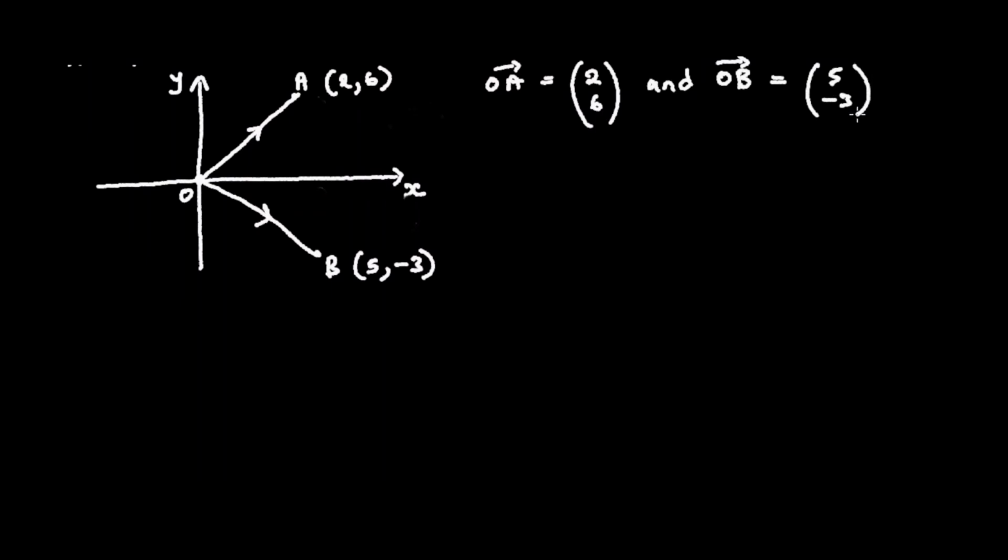So, let us work on this. Here, we already know that OA is equal to X, Y, but in column form, so 2, 6. And we also know that OB is equal to 5, minus 3. Let us say our question is to find AB.